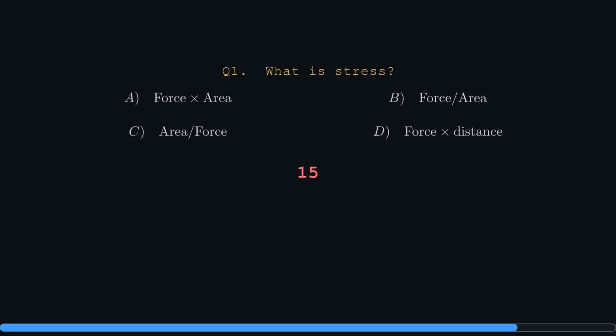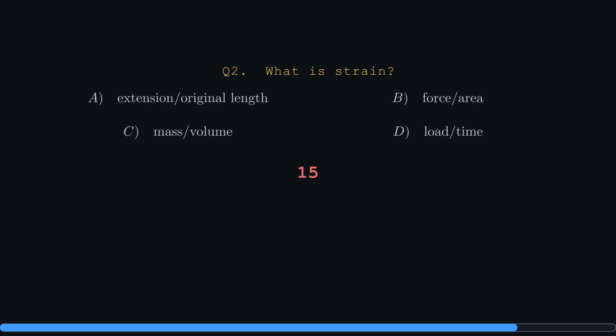Question 1. What is stress? The answer is B, force divided by area. Question 2. What is strain?